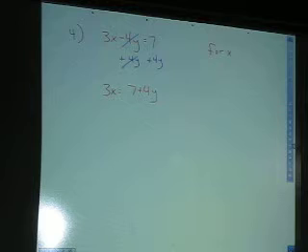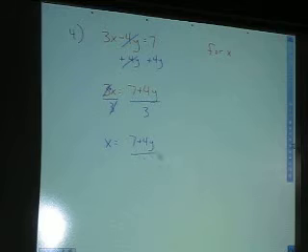We still want to get x by itself, so we know to get x by itself, since x has been multiplied by 3, we need to divide the left by 3 and we need to divide the right by 3. 3 divided by 3 gives us 1, so we have 1 times x, or just x. And on the right hand side we have 7 plus 4y divided by 3.